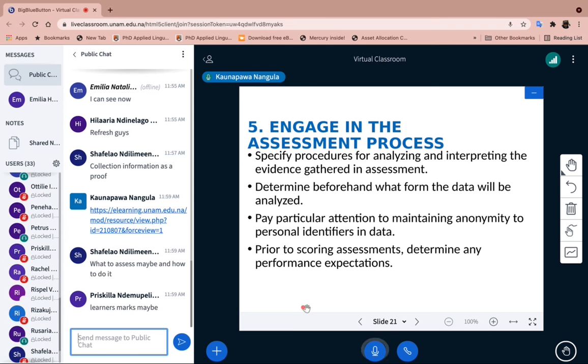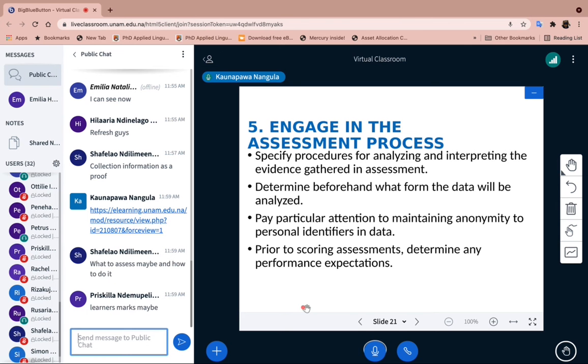Now you have to decide from all those multiple assessments which information you are going to use to analyze and then make whatever decision you have to make.